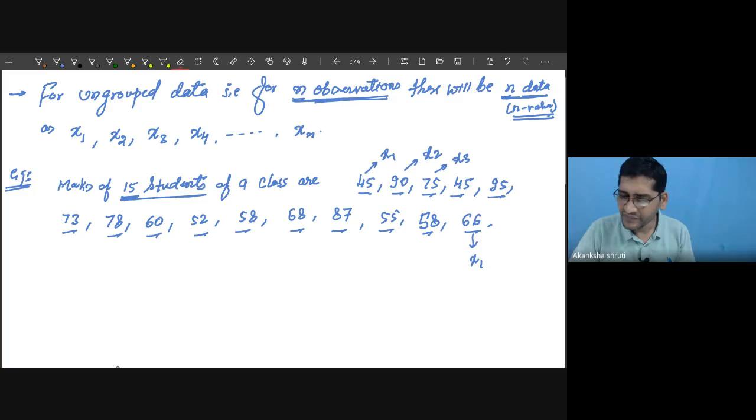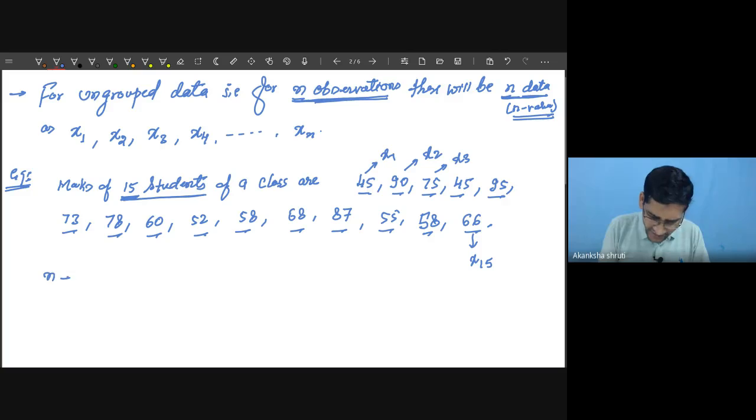Okay, students? You have to understand carefully that these n observations have n values. So n simply represents how many observations.